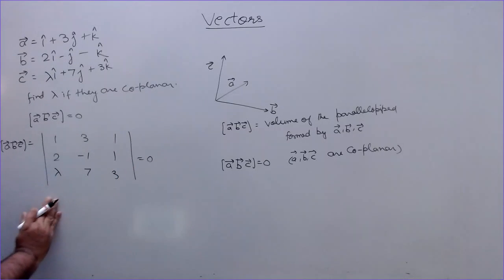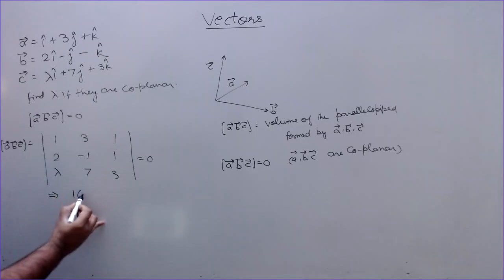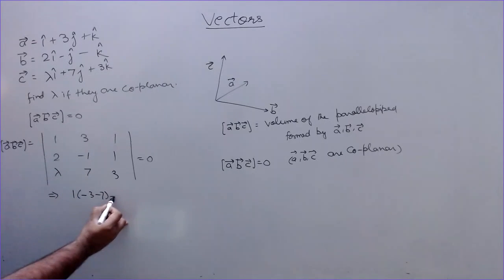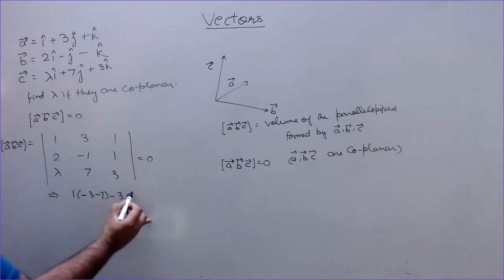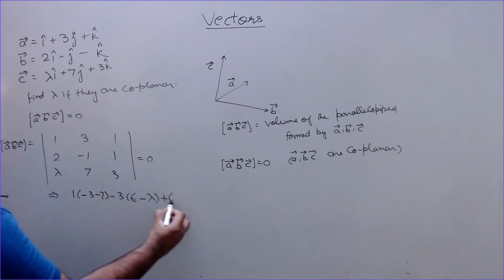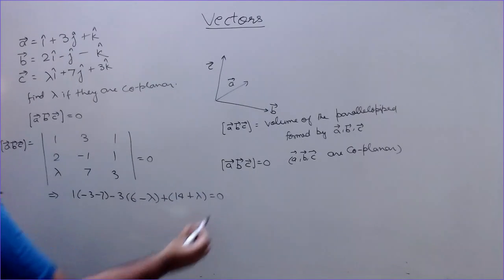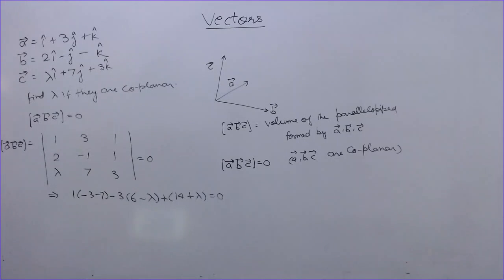Solve this by expanding. So I can write 1 into 3 into minus 1, minus 7 into 1, minus 3 into 2 into 3, minus lambda into 1, plus 2 into 7, minus lambda into minus 1 equal to 0. So you can solve this to find the value of lambda.